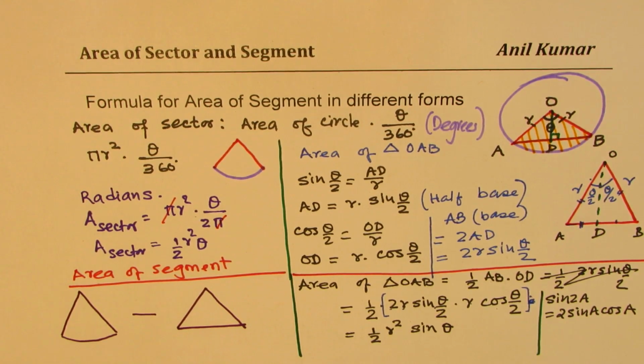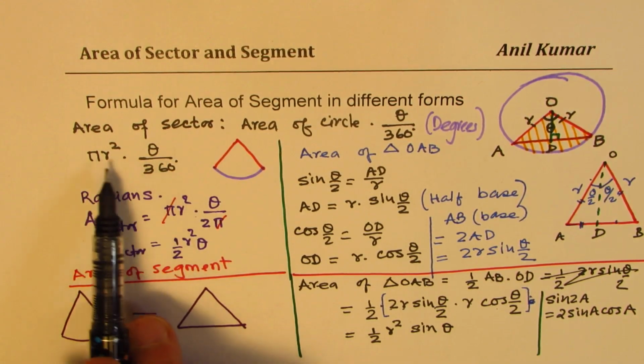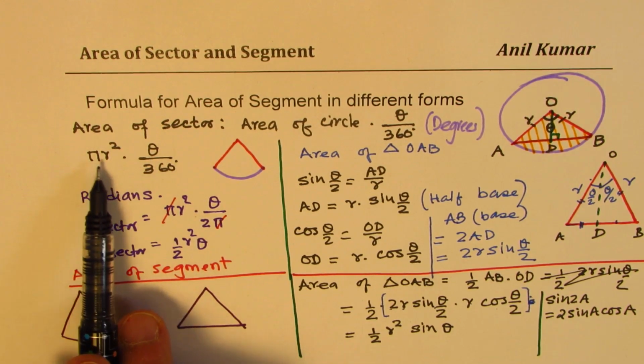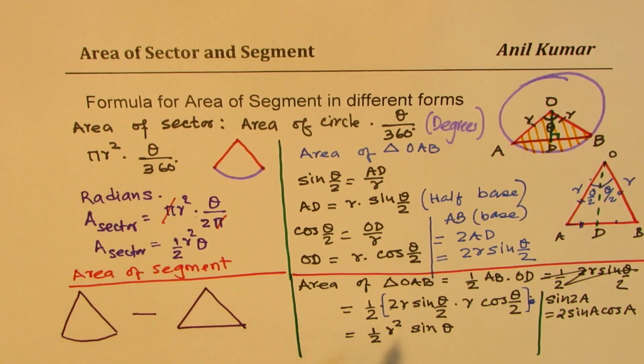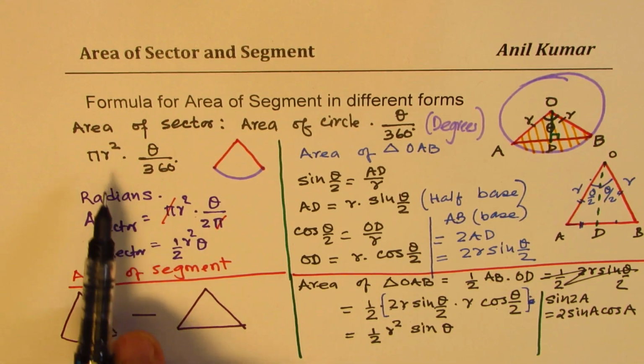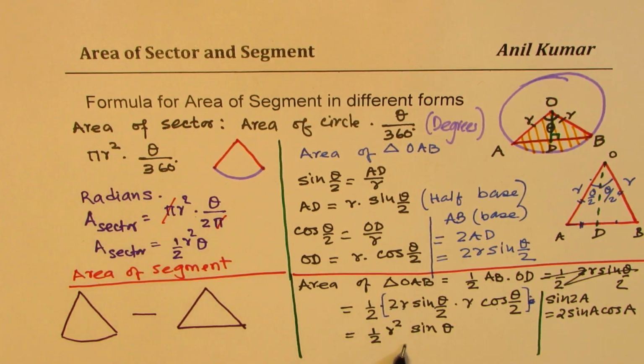That is what we are looking for, correct? Now, if you are working in degrees, you get the expression pi r squared theta by 360. Here we have half r squared sine theta, correct? So you have to take this away from that.